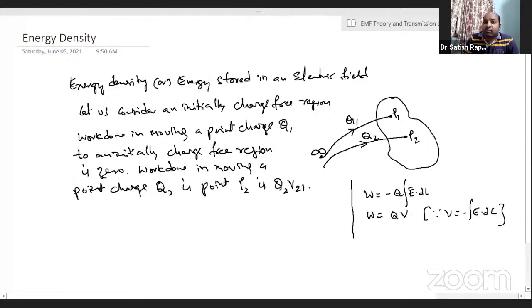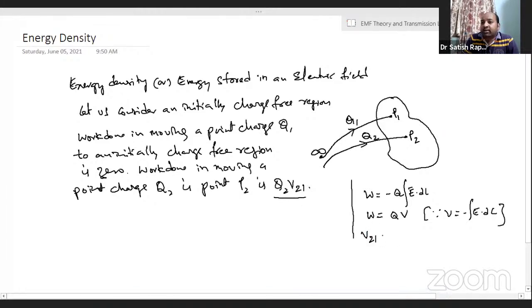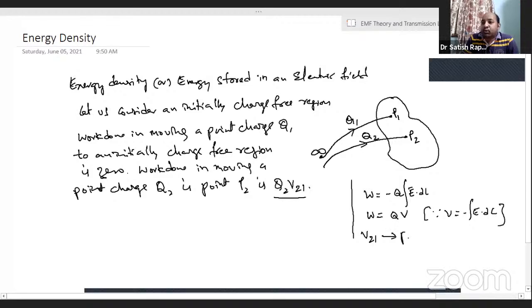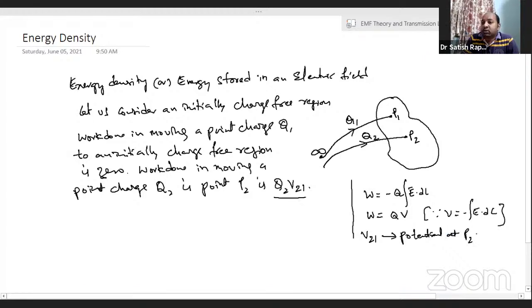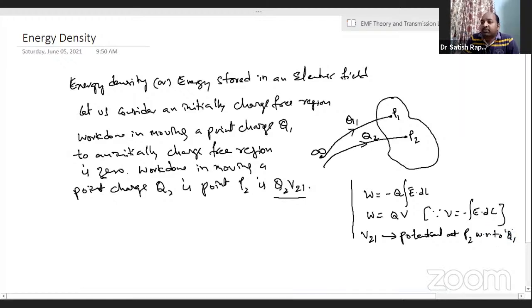Therefore, when a point charge Q2 is positioned at P2, the work done is Q2 V21, where V21 is the potential at P2 with respect to Q1.